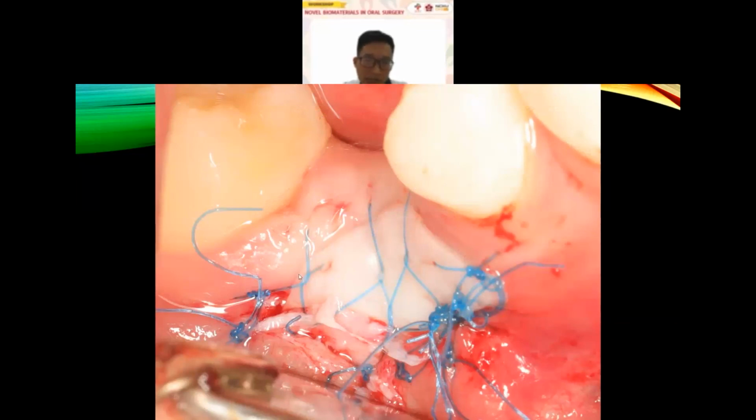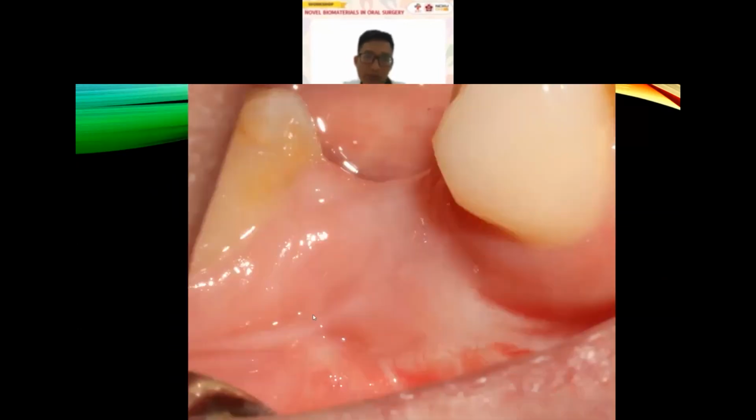We have to have stabilization of this graft to guarantee the healing, and this is the result after 2 months. You can see that we can get enough volume of keratinized tissue around the implant.